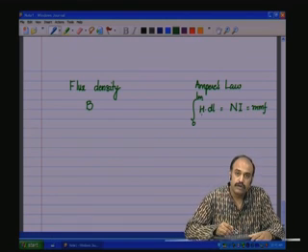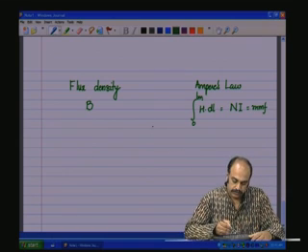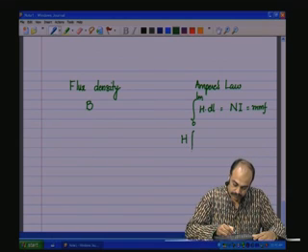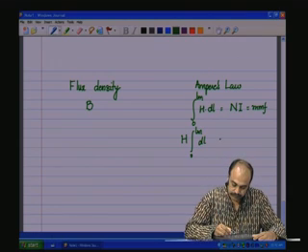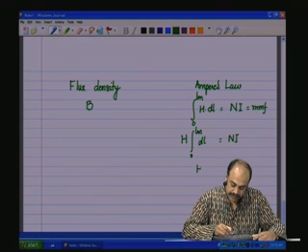If H were uniform throughout the path length, then H times the path length will be Ni, or the MMF, or H into Lm is equal to Ni.